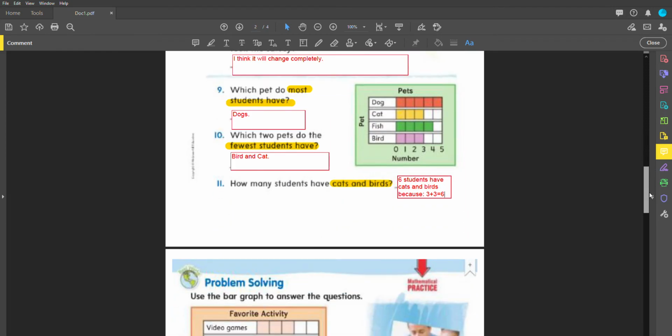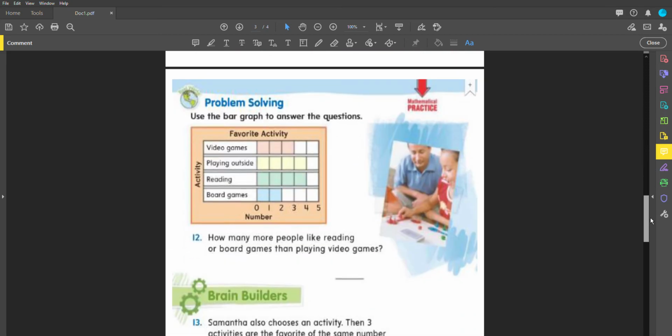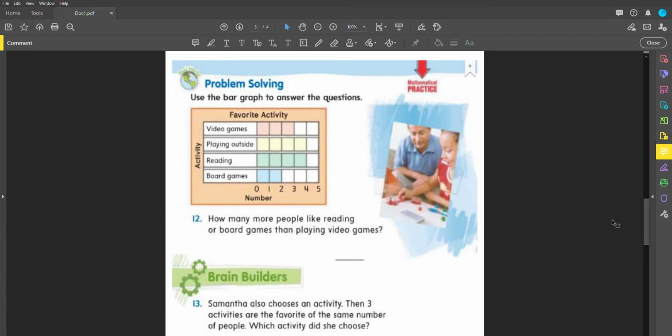You can open the other page now on the problem solving. Use the bar graph to answer the questions. Here we have favorite activity: video games, playing outside, reading, board games. And here we have the numbers of the bars. Let's answer this question. How many more people like reading or board games than playing video games?